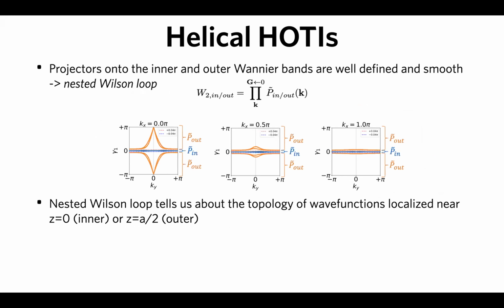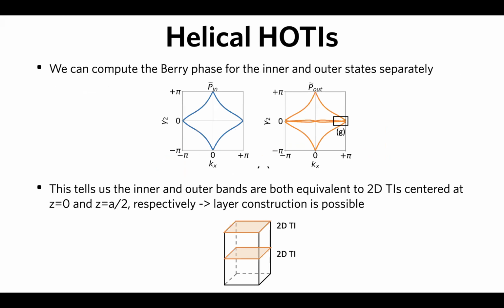Take a model for a helical HOTI and look at its hybrid Wannier states. Again, we see because there's inversion symmetry, some of the hybrid Wannier states are localized near the origin of the unit cell in the z direction. Some are localized near the boundary. And we can focus on those separately and look at what their topology and their Berry phases are.